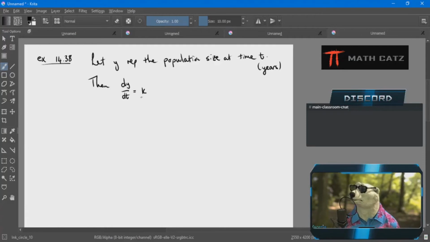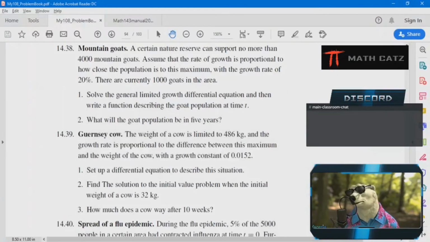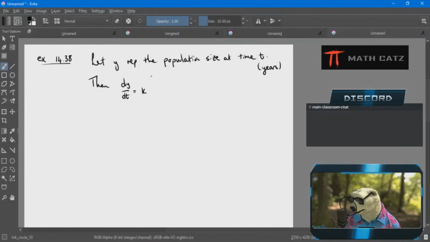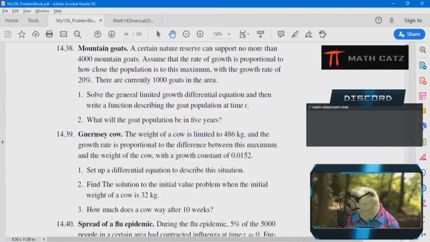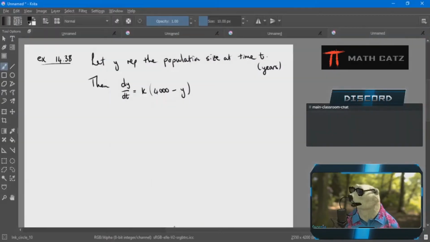It's proportional to something. Not proportional to y itself, but proportional to the gap between the population and the maximum capacity. So it's going to be proportional to the difference of the two, the capacity, which is 4,000, they say, and the actual population, where the growth constant is given as 0.2.